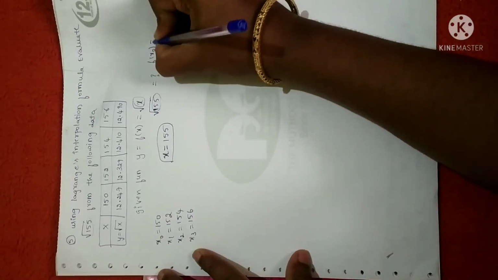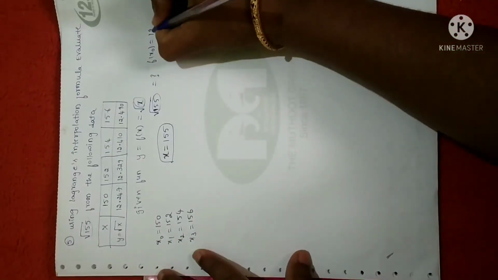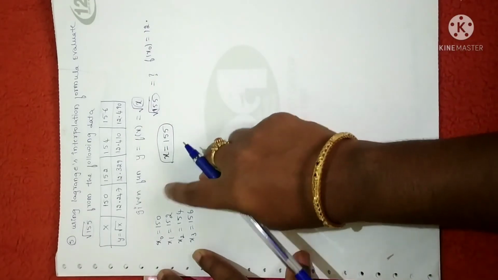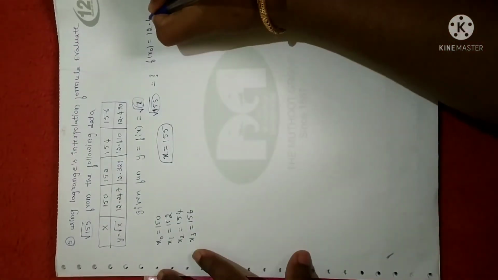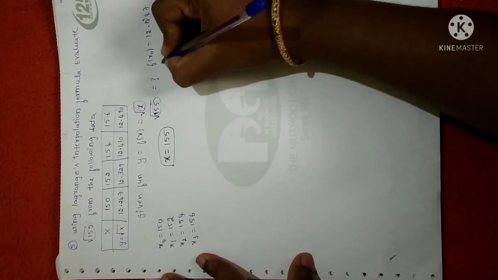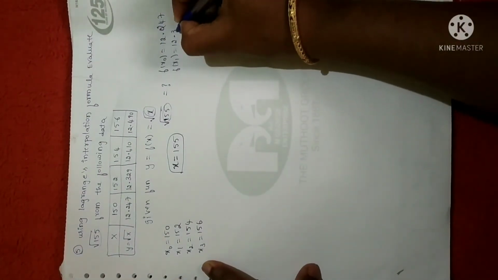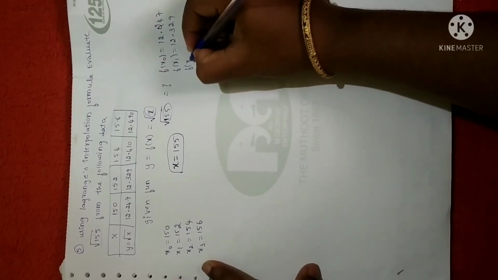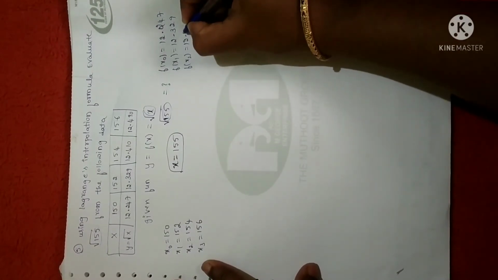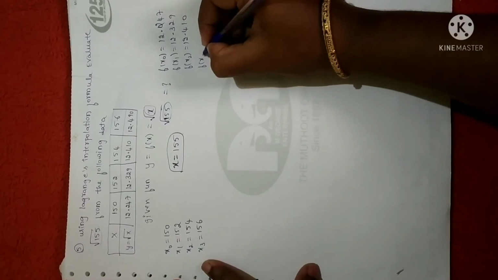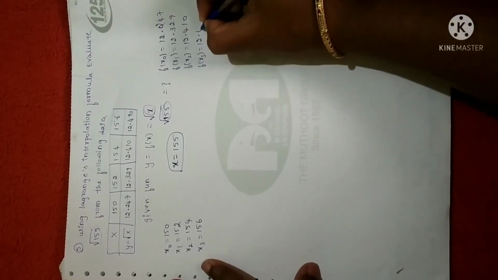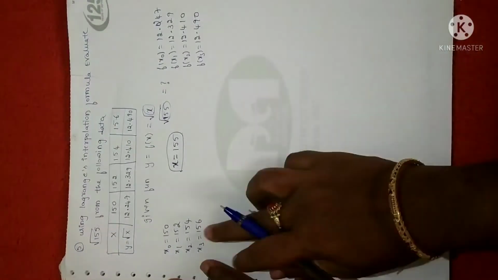F of x0 is 12.247. Next, f of x1 is 12.329, f of x2 is 12.410, f of x3 is 12.490. So I have listed x0 and f of x0 values.